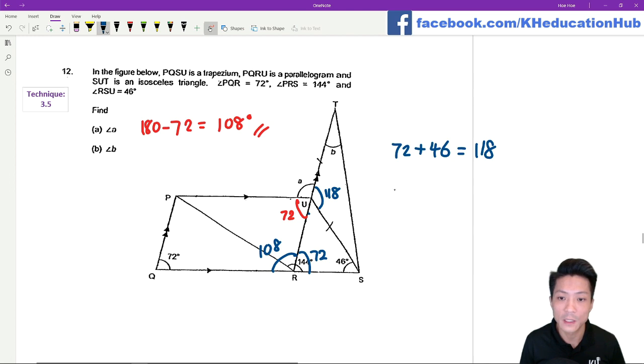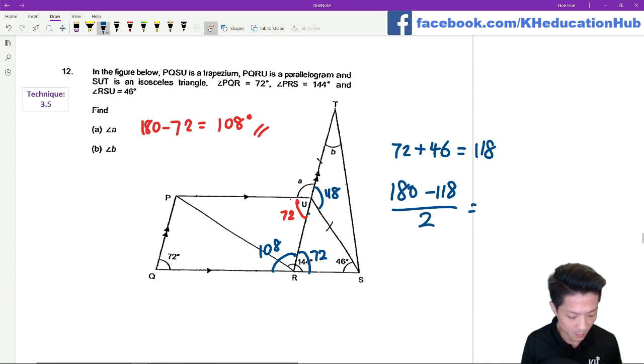So to find angle B, I need to use 180 minus 118 and divide it by 2. It's gonna give me 31 degrees.